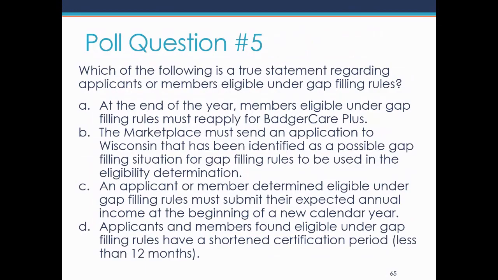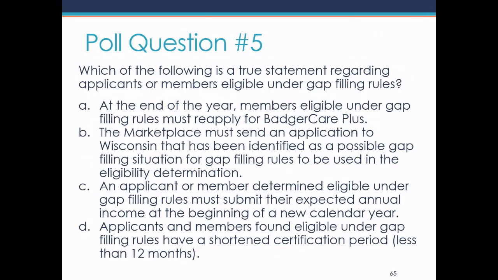And that brings us to our last poll question. Question 5. Which of the following is a true statement regarding applicants or members eligible under gap filling rules? A. At the end of the year, members eligible under gap filling rules must reapply for Badger Care Plus. B. The marketplace must send an application to Wisconsin that has been identified as a possible gap filling situation for gap filling rules to be used in the eligibility determination.